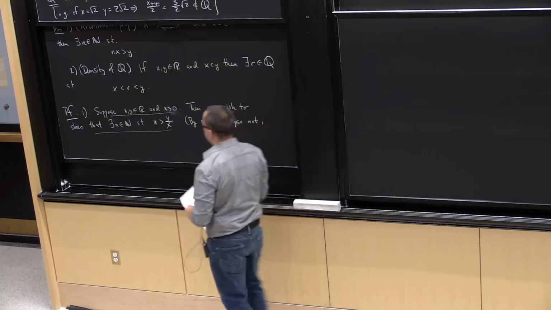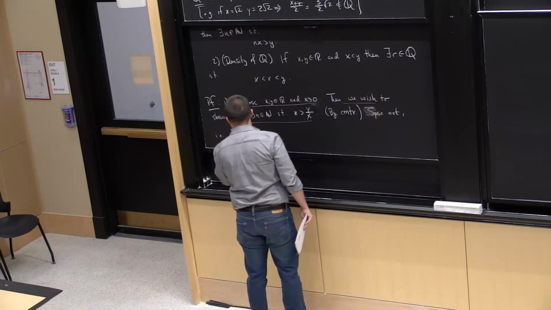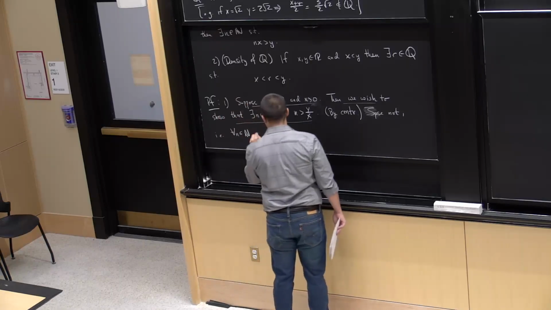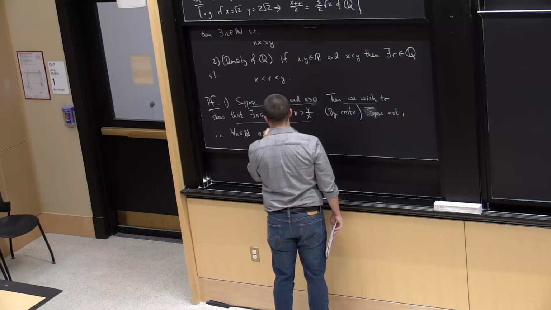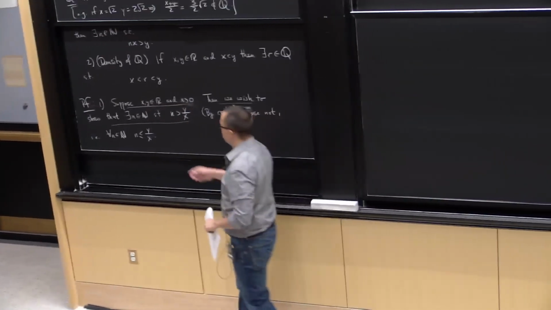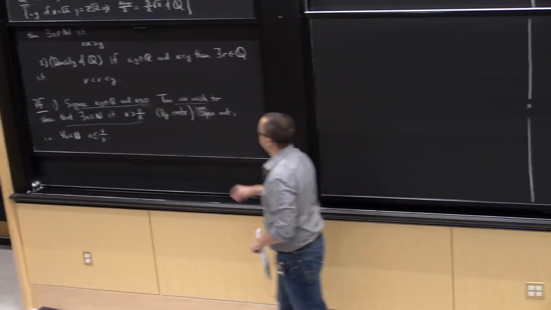Suppose not, i.e., for all n a natural number, n is less than or equal to y over x. That's the negation of the statement that there exists a natural number that's bigger than y over x.